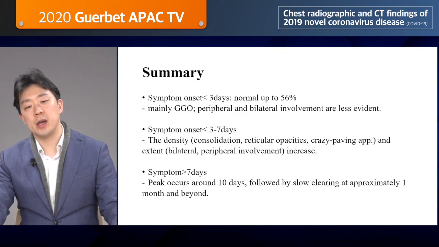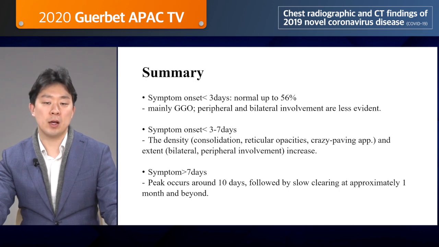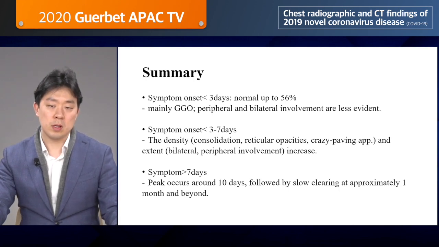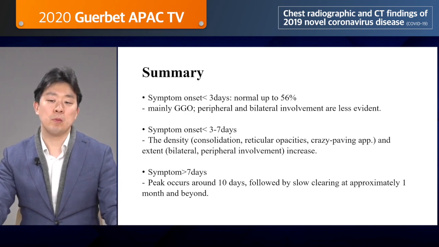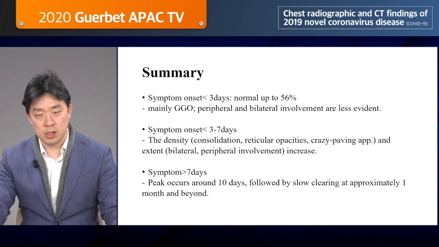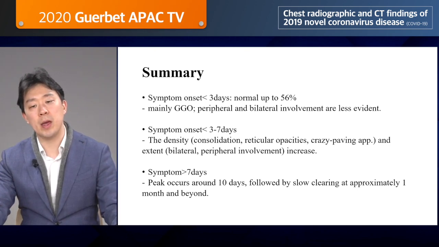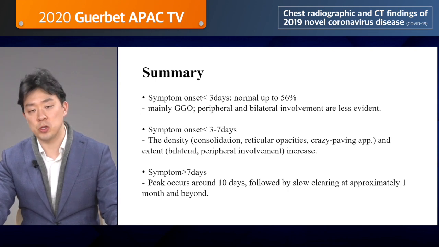In summary, at the early stage of symptom onset, pneumonia may not be seen on CT scans in up to half of the COVID-19 patients. The ground glass opacities dominate CT findings, and there may be less typical findings of bilateral or peripheral distribution.